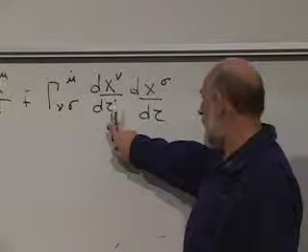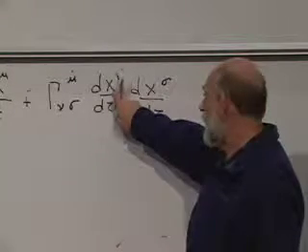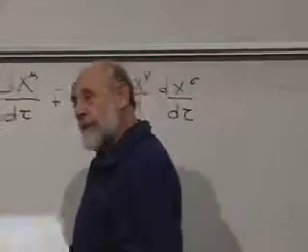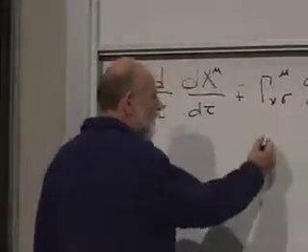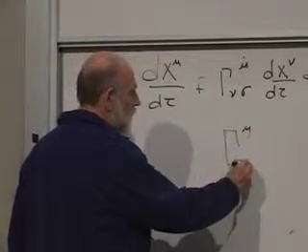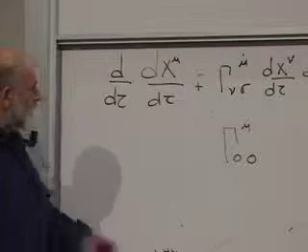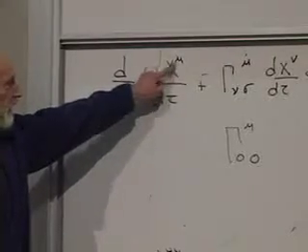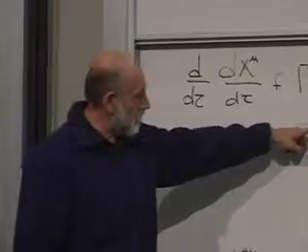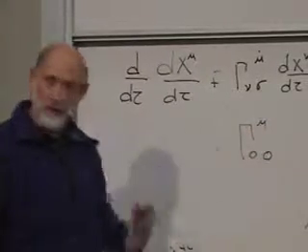Remember that dx by d tau is only appreciable if it's a time component. So that means that the gravitational force is basically just gamma mu 0, 0. The gravitational force along a given direction, let's say the y direction, is the Christoffel symbol gamma y 0, 0.